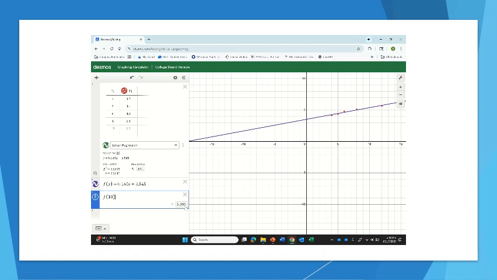Part C, we want to find the age in weeks of a baby that is 5.3 kilograms, or at least an estimate of that. This is a little trickier because we are given our y value and we need to work backwards to find our x. So what we really want to see is what x value, so I'm going to put f of x here, will make this function equal to 5.3 kilograms.